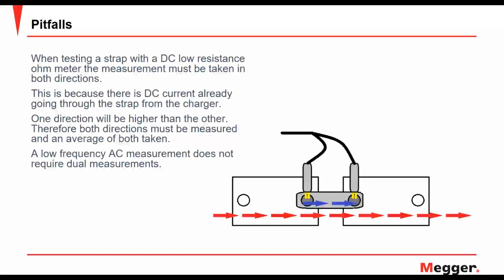Some of the test equipment, digital low resistance ohm meters, have this function built in, and it will directly give you the average for the bidirectional, thus avoiding the issue of the already existing current in the cells going through the string.